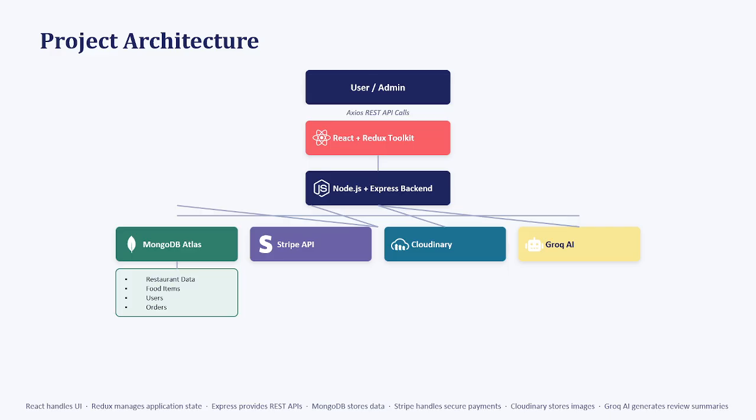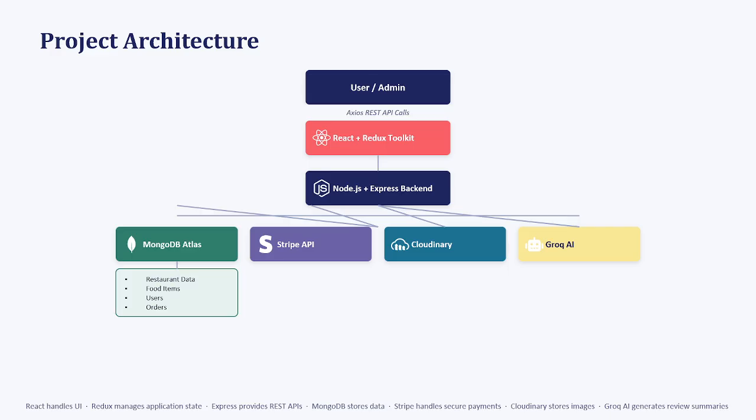Whenever a user performs an action such as logging in, searching restaurants, adding food to cart, or placing an order, React sends an API request to the backend using Axios. Node.js and ExpressJS process those requests and interact with MongoDB Atlas to retrieve or store application data.